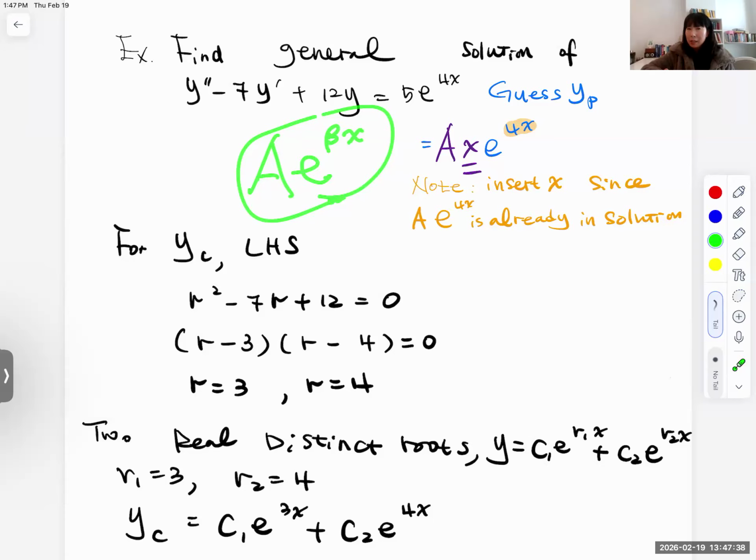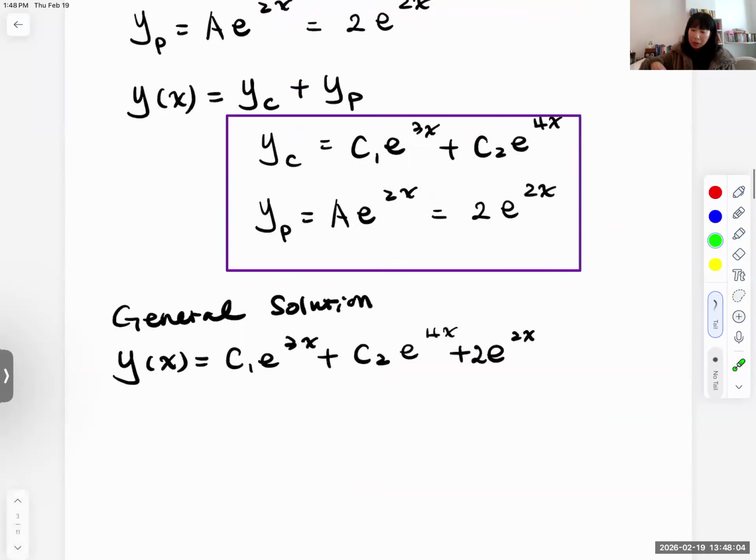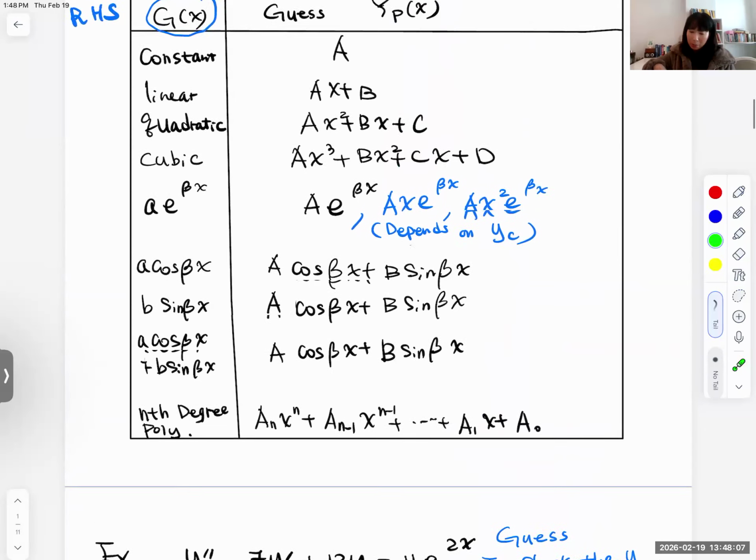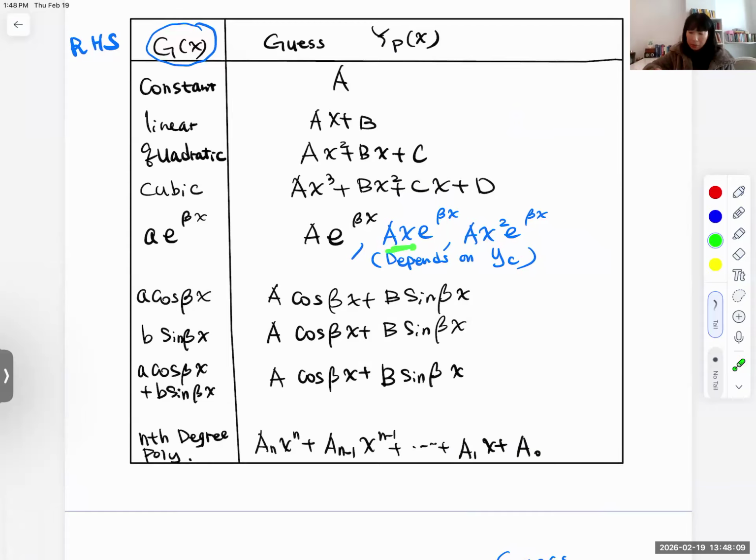But in this case, we cannot use that because we had e to the 4x already. So we are using e to the 4x, yeah? That's why we cannot use e to the beta x. So we have to use a little bit special one. So I made it blue, yeah? We have to add x there. Make sense to you?